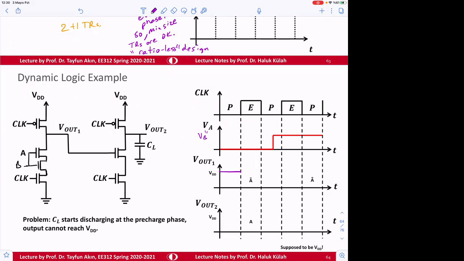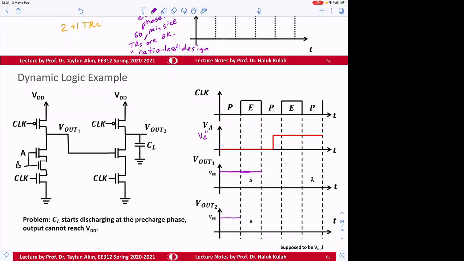They are both low. Output is going to remain at high, so no problem. Okay, so correct evaluation.